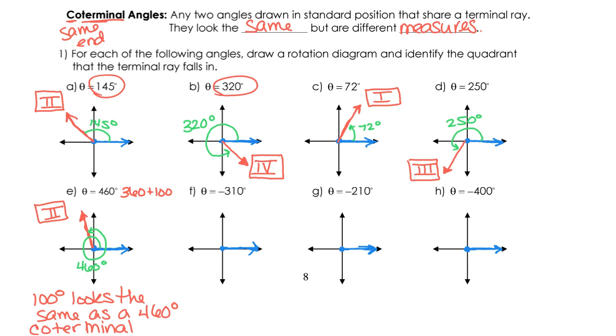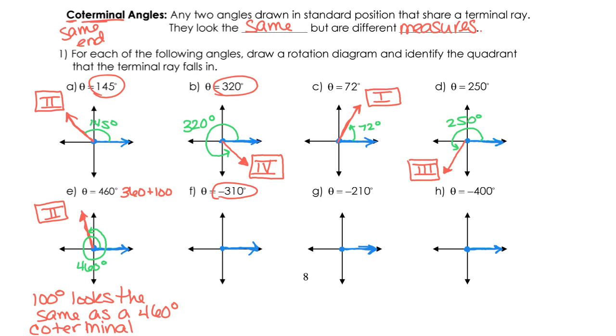All right, so part F. So this one, we got to watch out for, that has a negative on it. So negative means that we have to rotate down and around, also known as clockwise. So if I go down, that would be negative 90. If I keep going, that's negative 180. And if I keep going, that's negative 270. And if I keep going, that's negative 360.